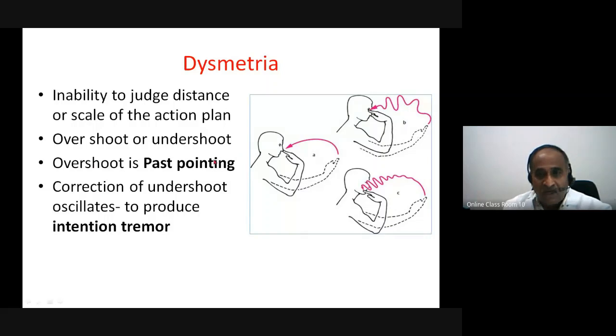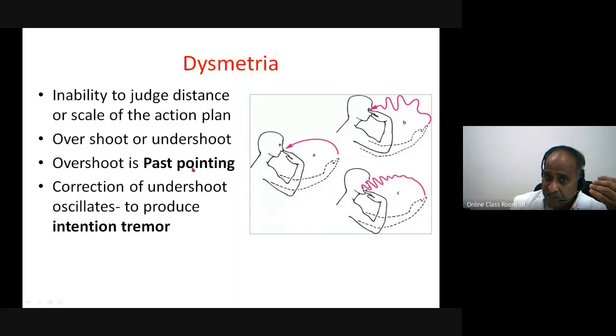Now this overshoot is dysmetria, and this is past pointing. It goes beyond, because he cannot stop exactly at the nose. He just passes behind the nose. That is called past pointing.